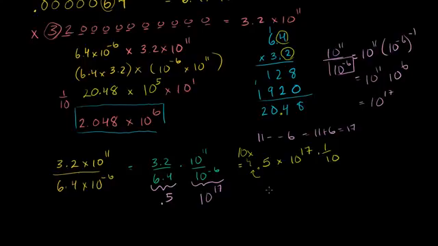So this side is going to become 5. 10 times 0.5 is 5, times 10 to the 17th divided by 10. That's the same thing as 10 to the 17th times 10 to the minus 1. So it's equal to 10 to the 16th power, which is the answer when you divide these two guys right there.